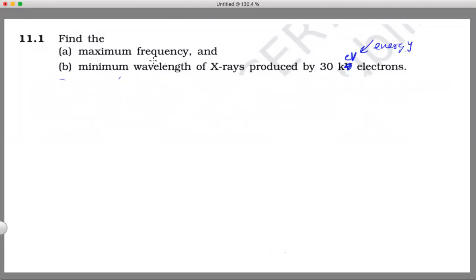Now we have to find the maximum energy and the minimum wavelength for X-rays produced by these electrons. This has nothing to do with the photoelectric emission, right? Because X-rays are being produced by the electrons. If you really look at it, that is nothing that we studied in this chapter. Then how do we do this question?